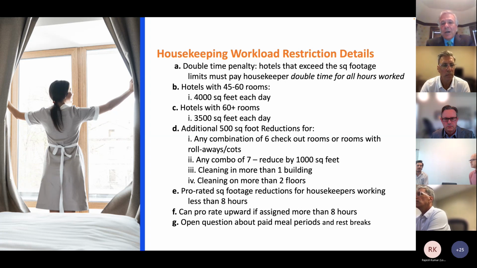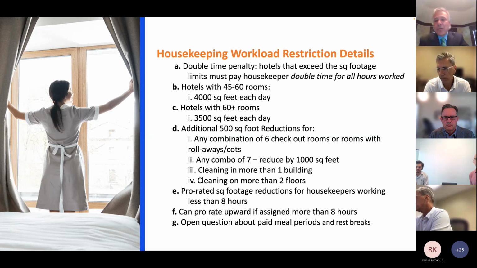In addition, there are 500 square foot reductions under a number of circumstances. So you go from 3,500 to 3,000, potentially even less, as I'll explain. So any combination of 6 checkout rooms or what they call additional rooms, but really what additional rooms are is rooms with rollaways and cots.